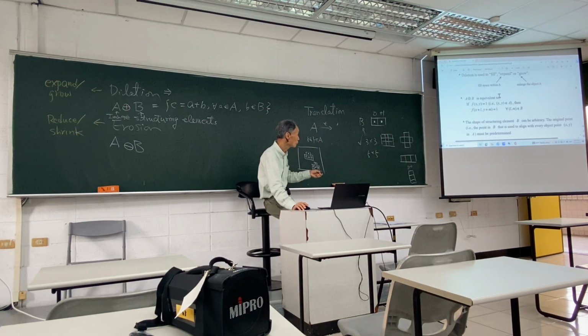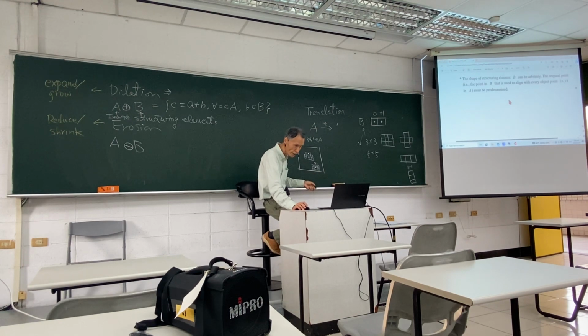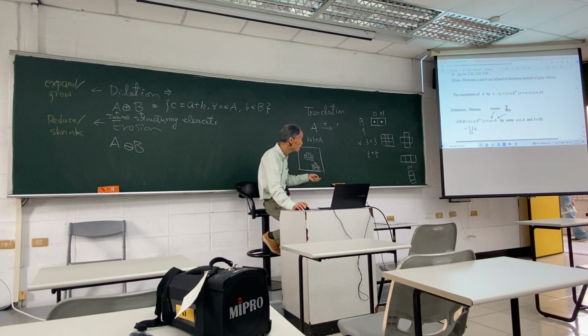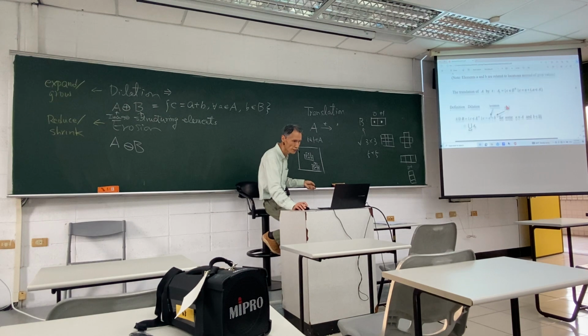Okay? So the idea is once a pixel is an object point or its neighbor defined by the structural element will have the value of 1. That's it. Okay? But mathematically, this is the definition, by set theory. We do the translation for all the elements, and then we take the union. So that is span.